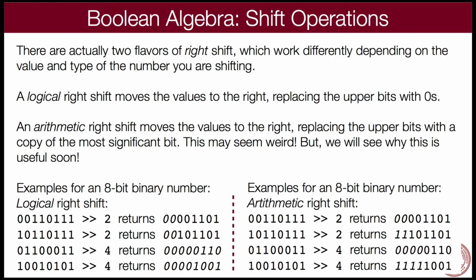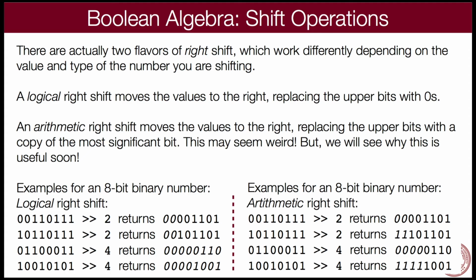We have what we call a logical right shift, which moves the bits in and replaces them with zeros, just like the left shift did. So if you're shifting a number like 00110111 to the right by 2, and you're doing a logical shift, those two ones go away. The number ends up, the least significant is 101100. That's here, 101100, and then 2 zeros come in.